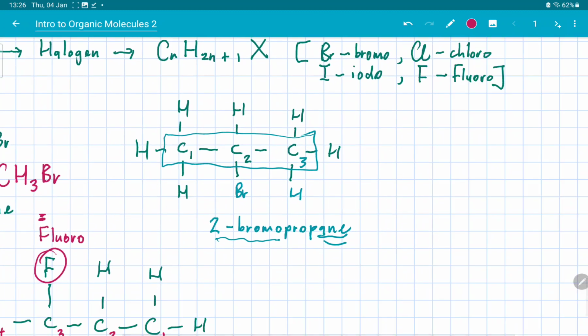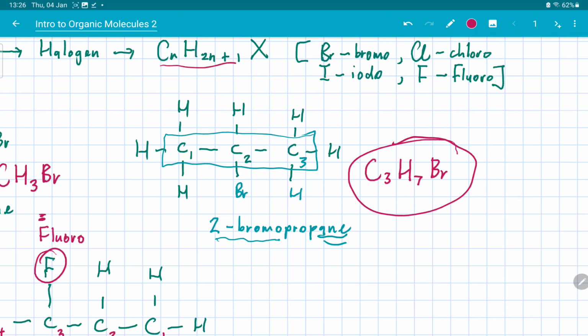And then we come to this one: C3H, how many? 2 times 3 is 6, plus 1 is 7, so H7 and Br. So C3H7Br. This is 2-bromopropane.